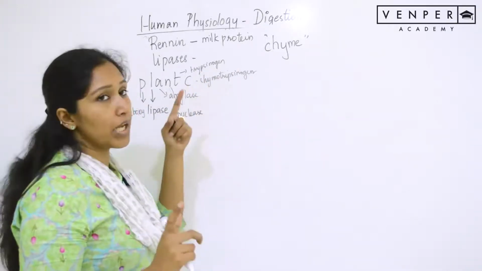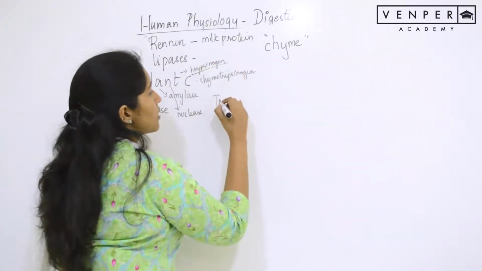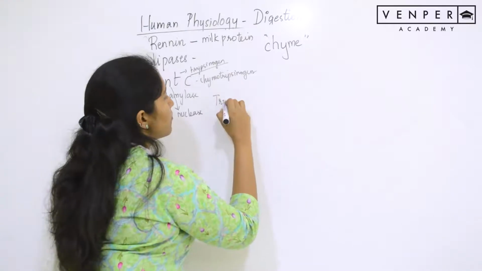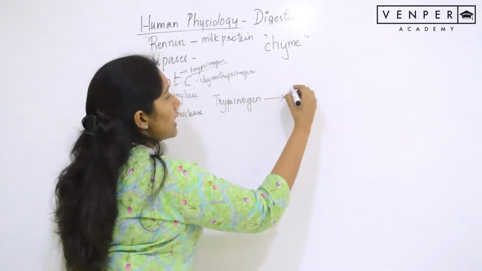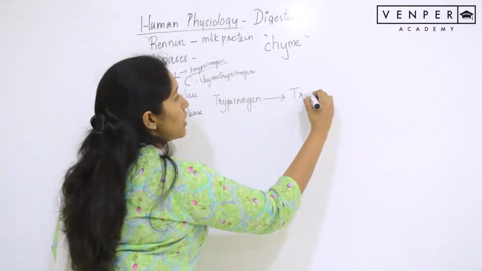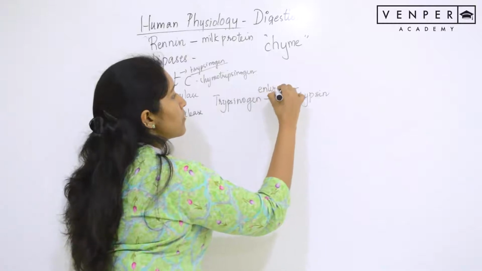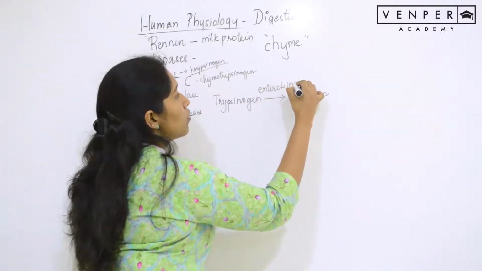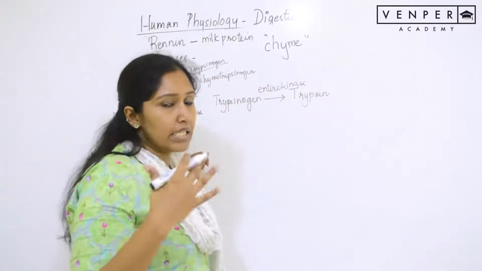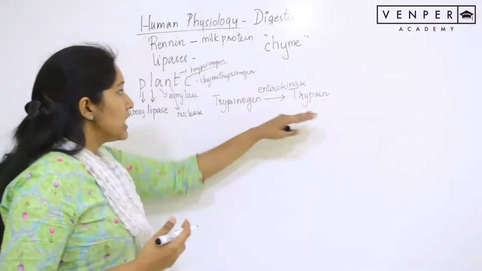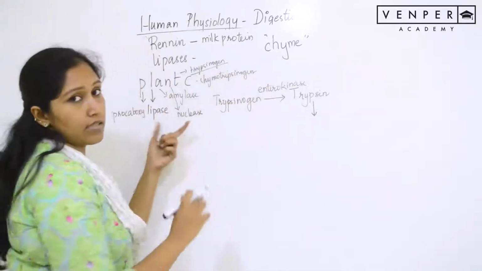The first enzyme to get activated is trypsin. Trypsinogen is activated into the form of trypsin by the enzyme enterokinase. These enzymes are secreted by the cells that are present in the intestinal mucosa. This trypsin on the other hand activates all the other enzymes that are present.